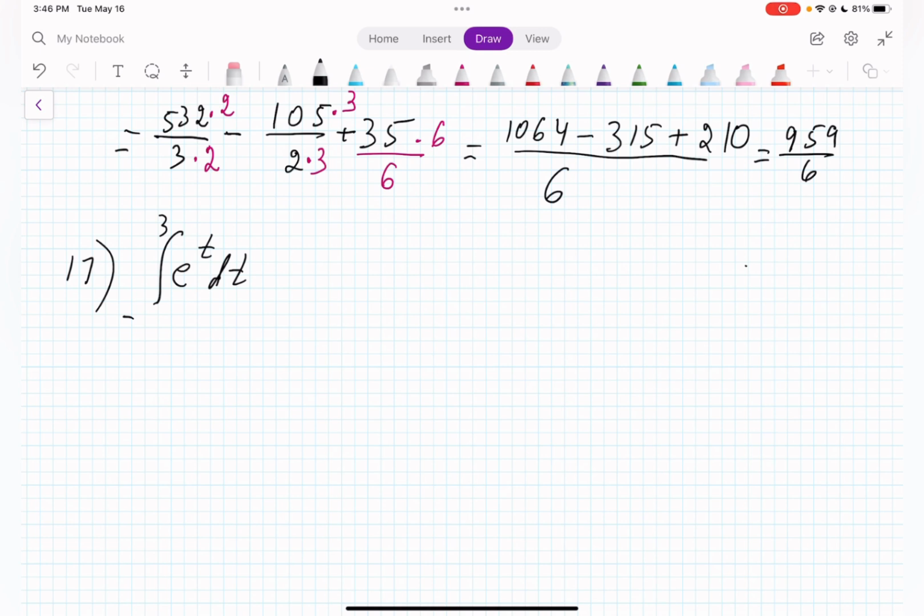All right. So integral e to power t dt is equal e to power t. Just like e to power x prime is equal e to power x. Okay? Therefore, integral also going to be different.